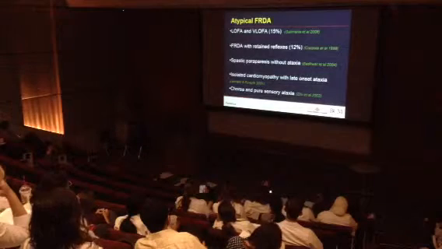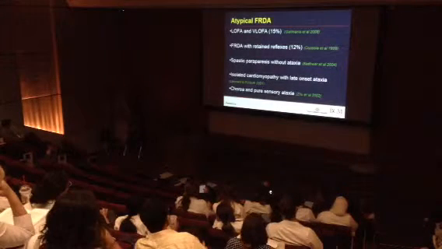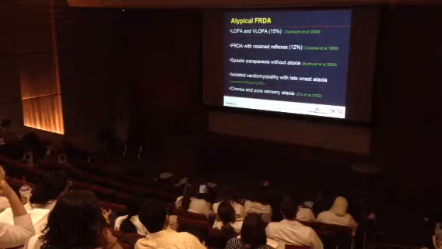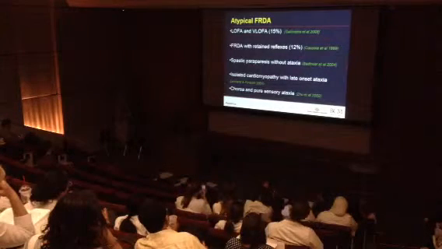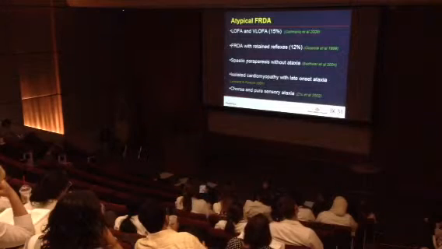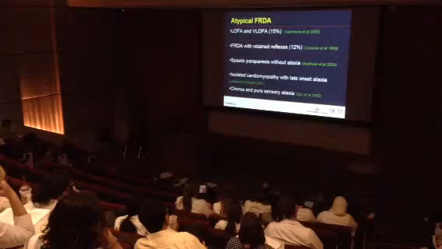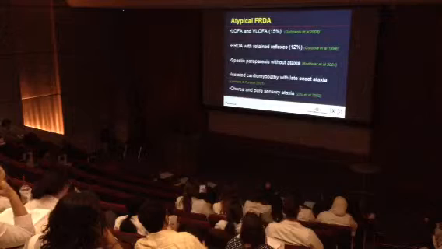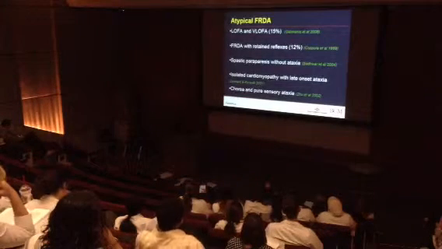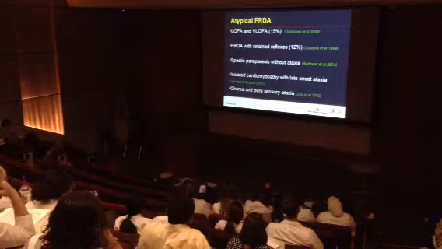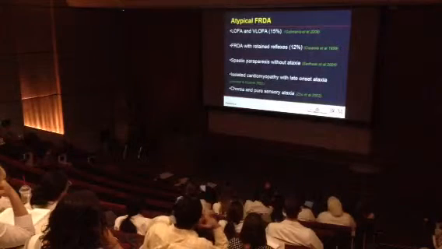As I said, 25% of the patients do not fulfill the diagnostic criteria, so it is called atypical FRDA, and 15% of them have late onset and very late onset, as I described before. 12% have retained reflexes, and it's again due to small repeats and compound heterozygosity, and they start symptoms late, with a very slowly progressive condition.